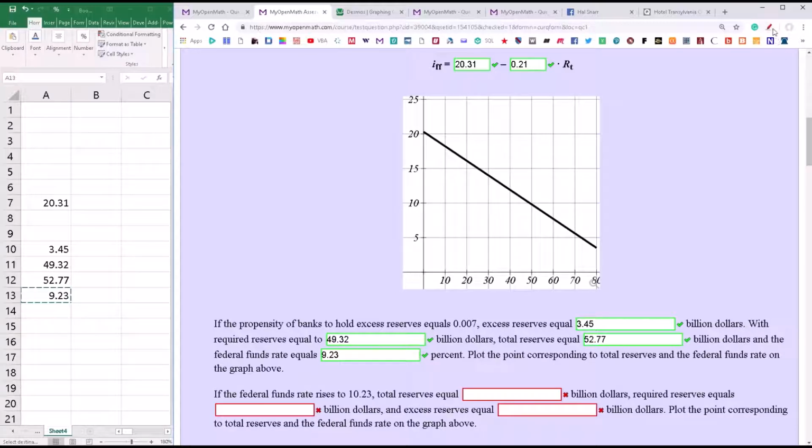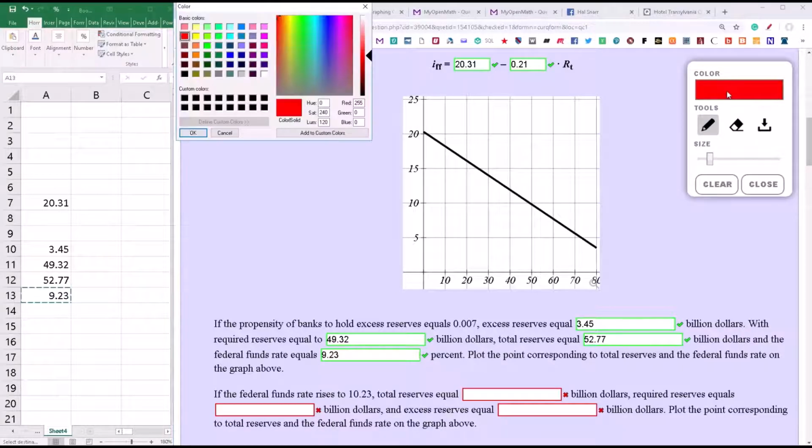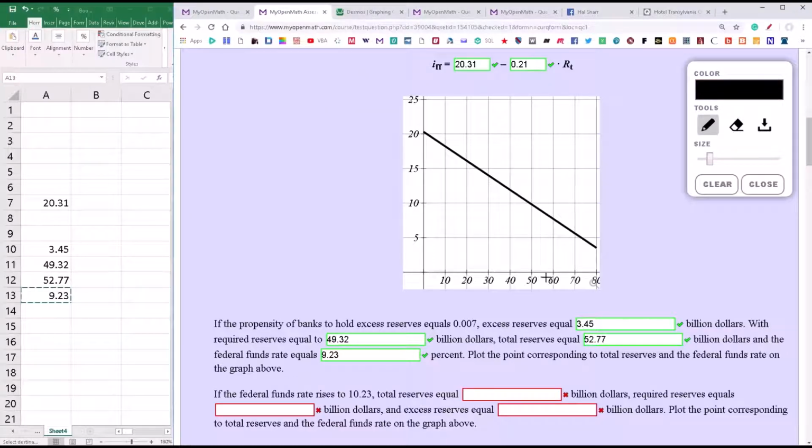Okay, and again, we could add to our graph by doing this. At 52.77, which is really close to here, the federal funds rate is 9.23.